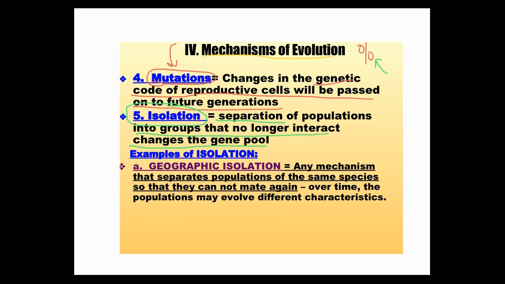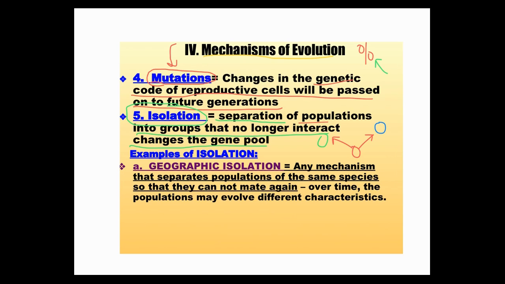So over many, many years, many, many generations, these two populations who got separated from each other can actually evolve to become two separate species if they're separated from each other for long enough.